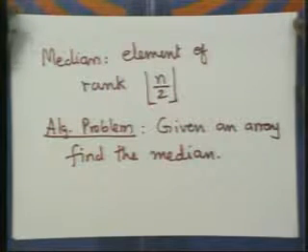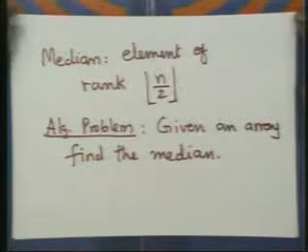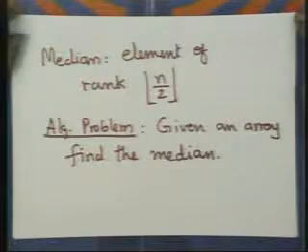Can we do it faster? The answer is yes. You can in fact find the median in linear time, and this will be the first non-trivial algorithm that you will see. It's a really smart algorithm, and as we present it, I hope you appreciate the beauty of this solution.